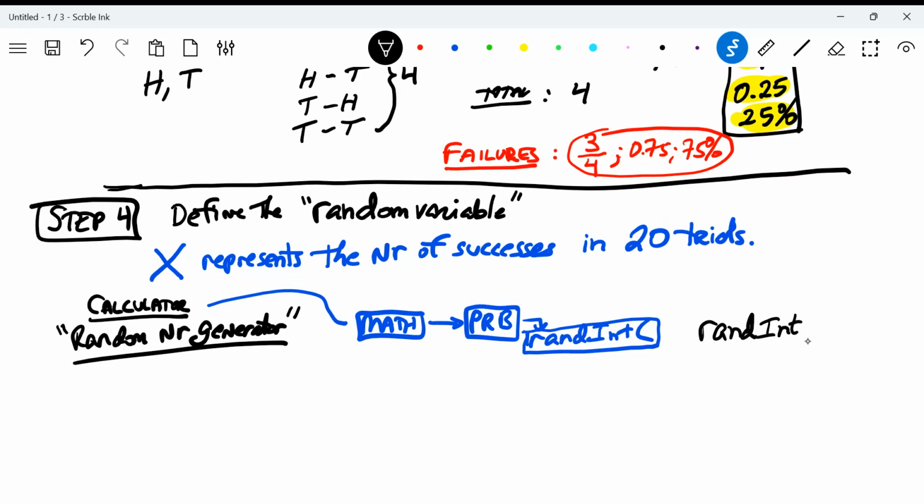That's random integer, so in this case it will give an integer.